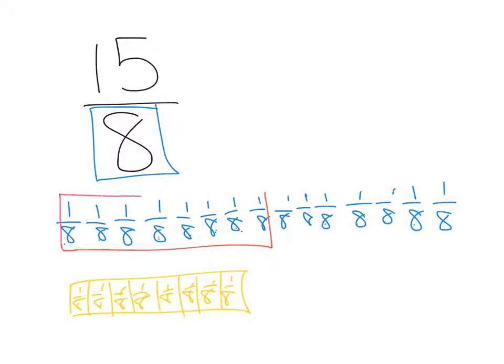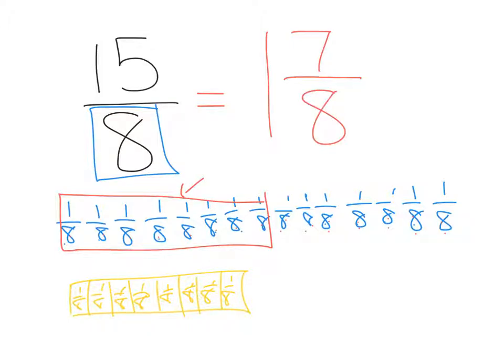Bloop. 1, 2, 3, 4, 5, 6, 7. Oh, I don't have enough for a full whole there. So 15 over 8 equals 1 whole, which is represented right here. And what is that? Whatever's left over here. 1/8, 2/8, 3/8, 4/8, 5/8, 6/8, 7/8. 1 and 7/8. Check your work.